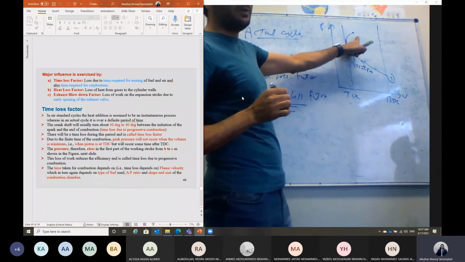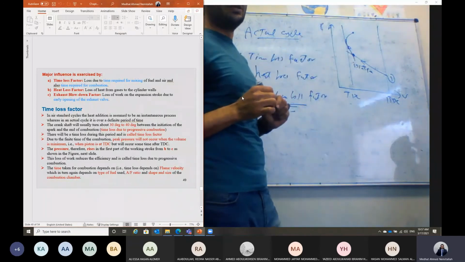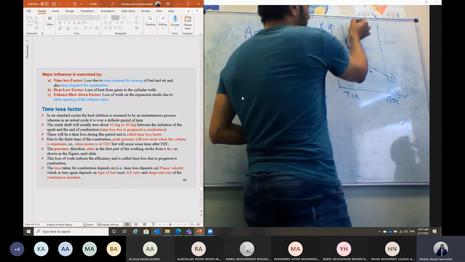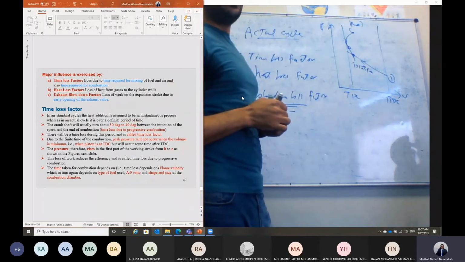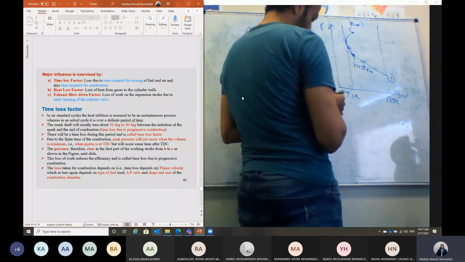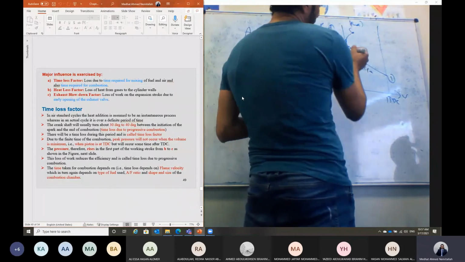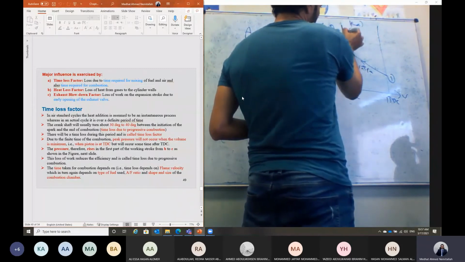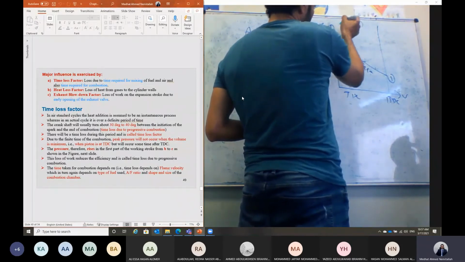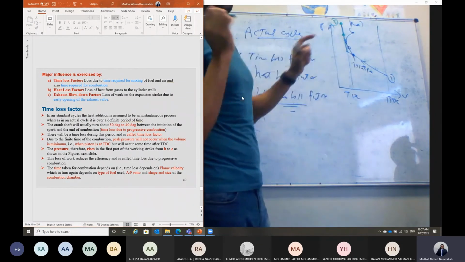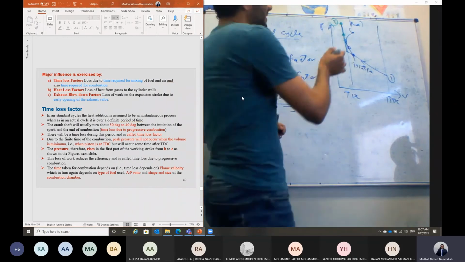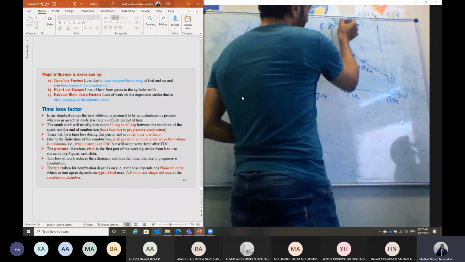The combustion will take place, part of it, during the expansion stroke, until we reach this point at which we should have the maximum cycle pressure in this case. But this maximum cycle pressure, if we compare it to the instantaneous combustion in case of the fuel air cycle, in which the combustion takes place under constant volume at no time, this peak pressure will be less than this value.